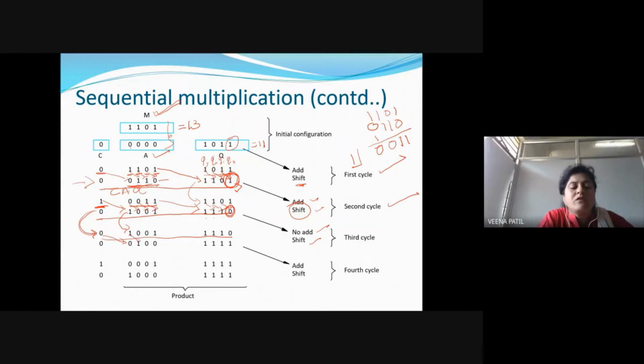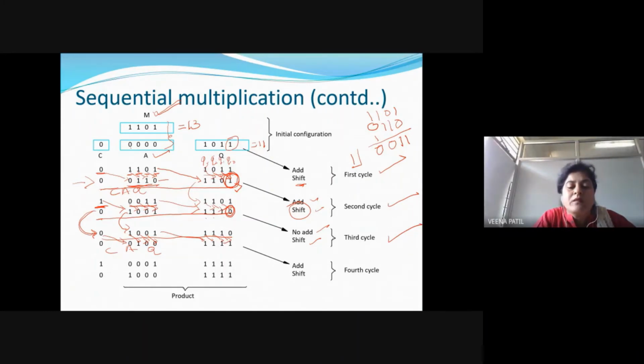When you shift the bits, you are going to get the new value of CAQ as 001001111. So this is the new CAQ value. So this is in cycle 3. That is the third cycle.